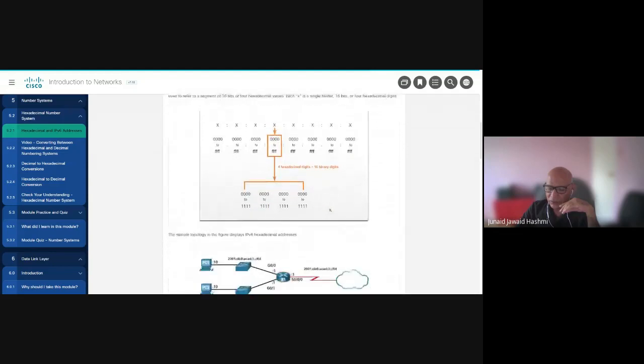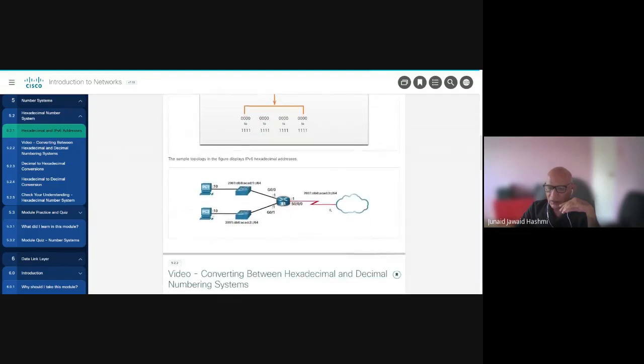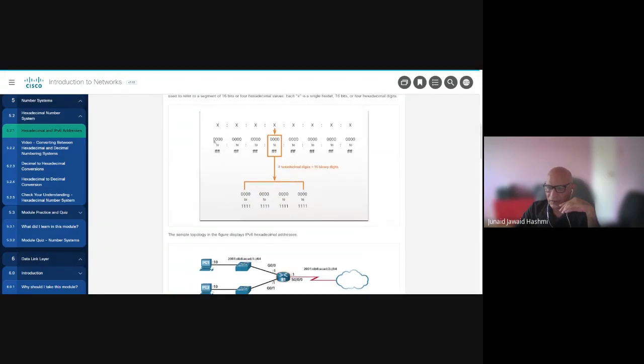Here, if you look at the topology of IP version 6 hexadecimal, IP version 6 is actually a 128-bit address, and these are divided into hextets.